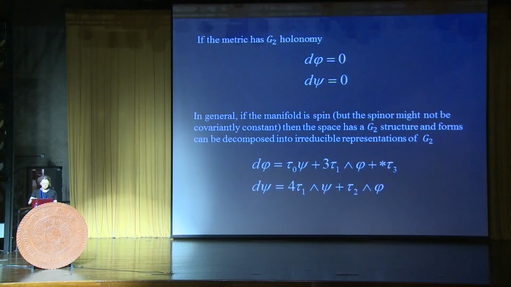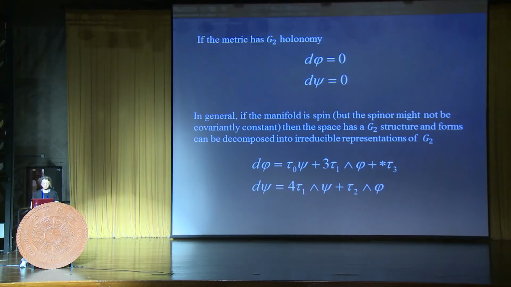Now, d phi and d psi can still be decomposed into G2 representations in this way. So these objects tau are called torsion classes, and they will come in handy a little bit later in the talk. So just think about them as encoding the same information as d phi and d psi.